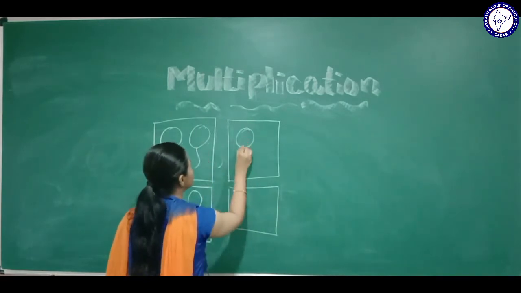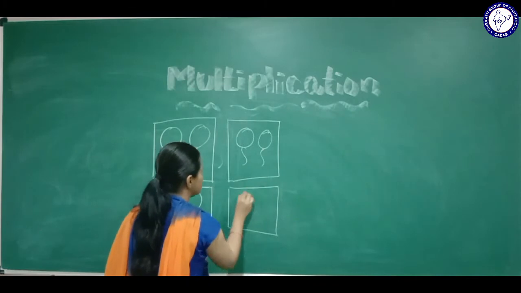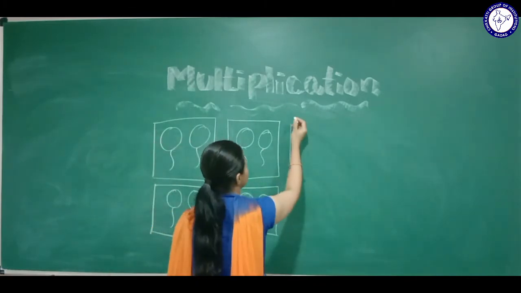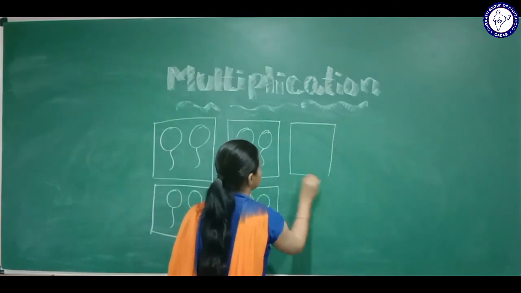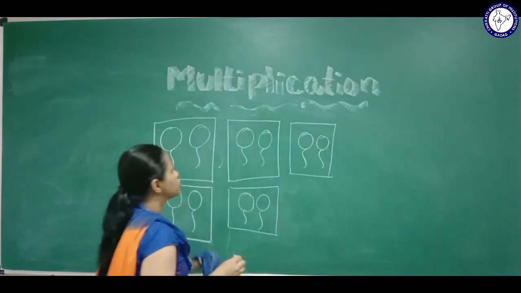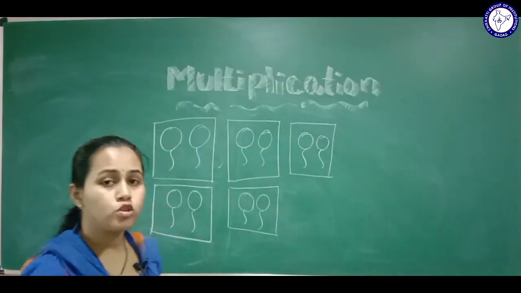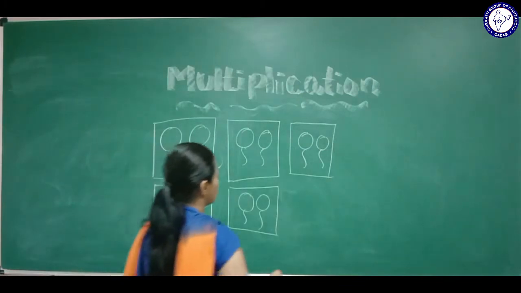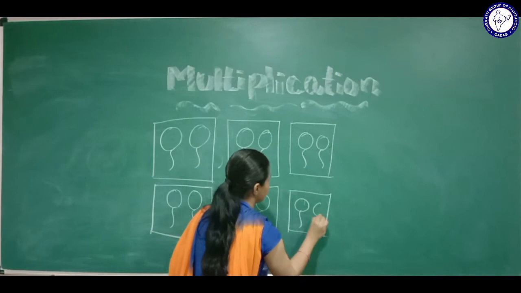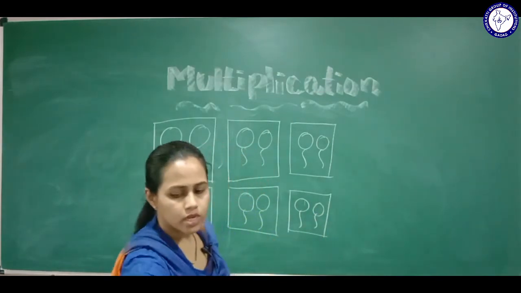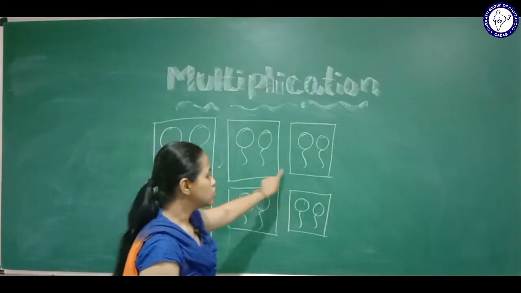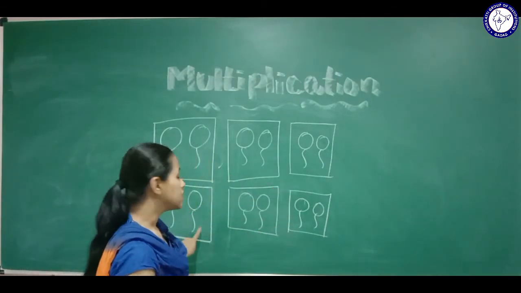So we have boxes here. Each has 2 balloons. Here I'll just write one more time. Can we count how many boxes are here? 1, 2, 3, 4, 5, 6.